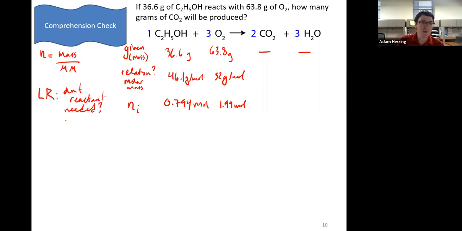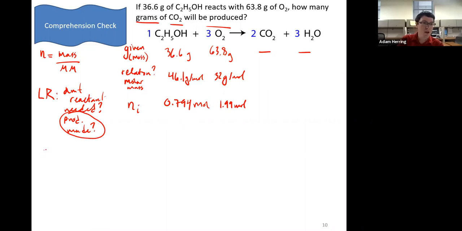Or we can look at the amount of product that would be made from using the total amount of either of our reactants. Let's make that calculation. The reason that I'm choosing to determine how much product we would make is because in the end, we want to know how much product is made. So this will allow us to continue making steps in that direction.